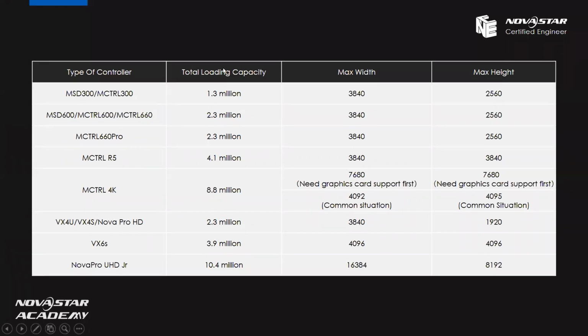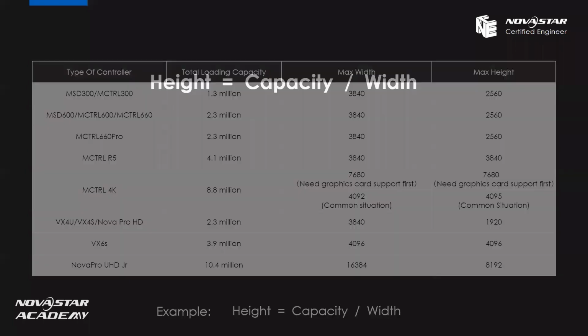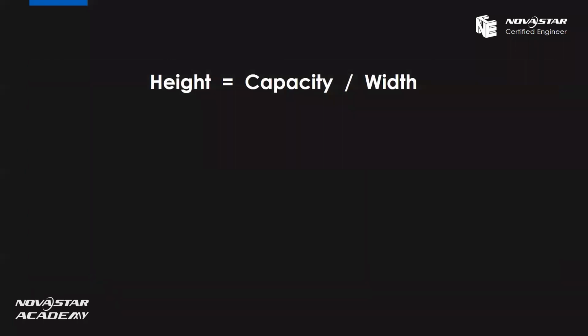Here, imagine we are using the M-Control 300, and we know the loading capacity is 1.3 million pixels, and the max width is 3840. So what about the height? Okay, let's check it out. Here, we can use this formula to get the result.